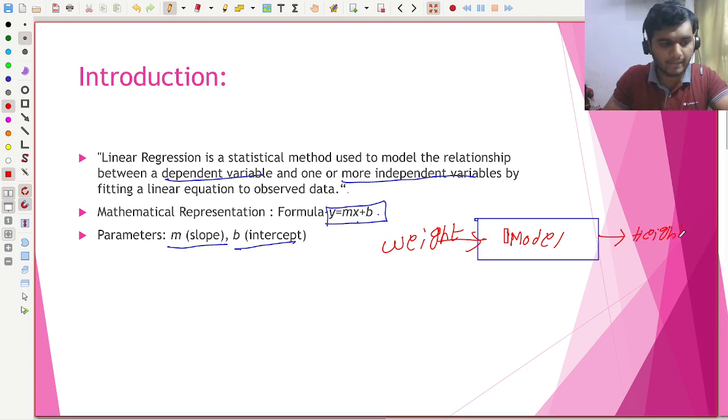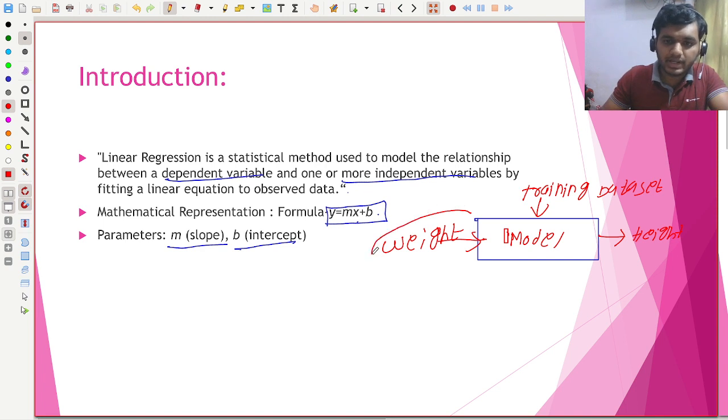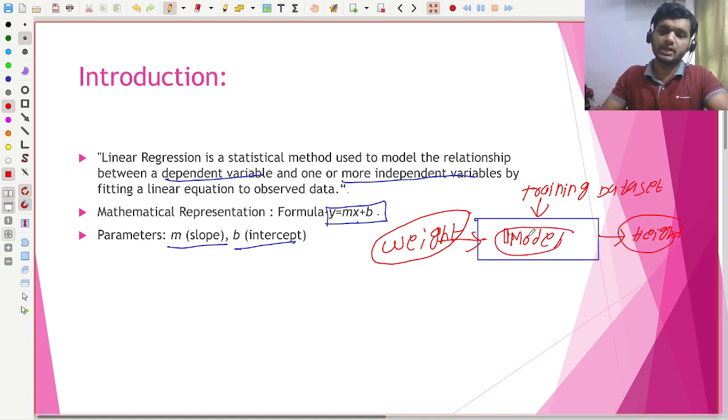So it is the training dataset. Here weight is the dependent variable and height is the independent variable, and it is the model of linear regression. If you give the weight, then it predicts the height of a person. It is a simple example of linear regression.